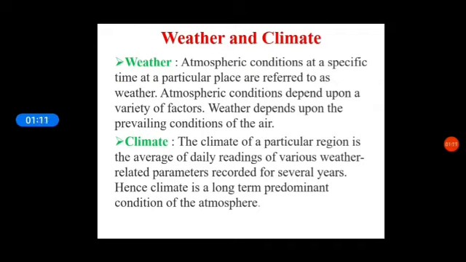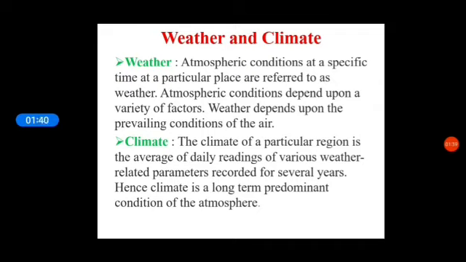Weather can be defined as the atmospheric conditions at a particular place at a specific time. Weather is the short-term conditions of the atmosphere and it depends upon the prevailing conditions of the air, while climate is a long-term pattern of weather conditions taken over a period of time, say 30 years, for a particular region.